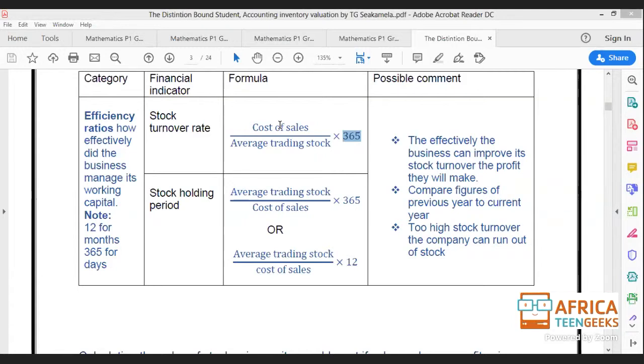Two, you can be given sales and the markup percentage, then you can work backwards to get your cost of sales. Number three, you can be given your opening stock, your net purchases, your carriage costs, less your closing stock. You can get your cost of sales like that. So there are three ways of getting your cost of sales.